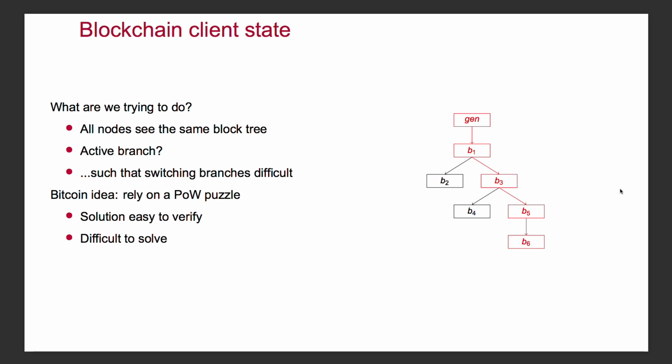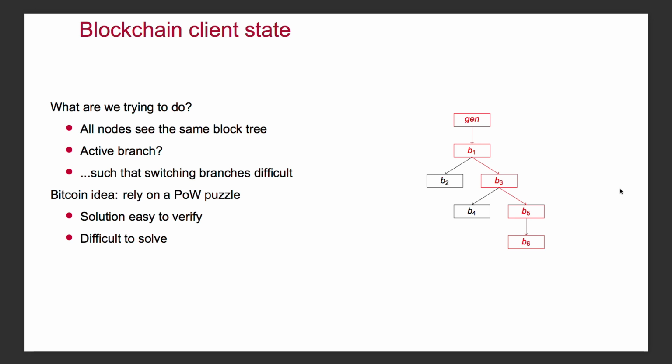So proof of work is just a puzzle that's easy to verify but difficult to solve. So we can use a hash function to create a proof of work puzzle. For example, we can require an input to the hash function to be found such that the output has some number of zeros in the output.